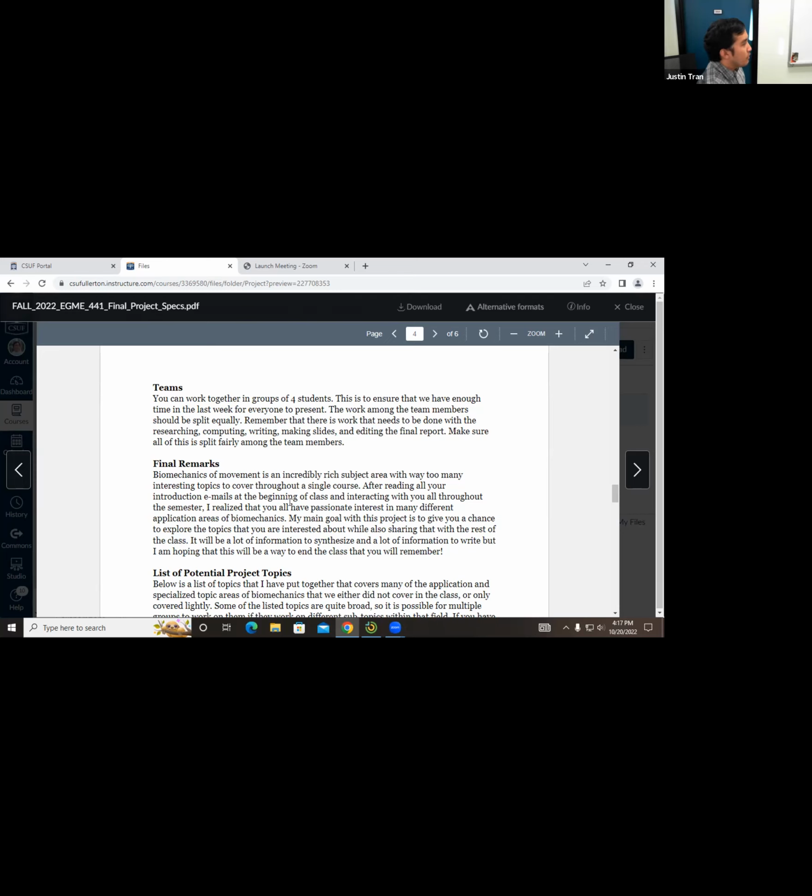But there's a lot of other work involved as well: putting the slides together, making sure all the slides look consistent, putting the report together, editing the report, making sure it all flows, that it's grammatically sound, and that all the sections line up well. There's a lot of extra work to be done rather than just your own part.